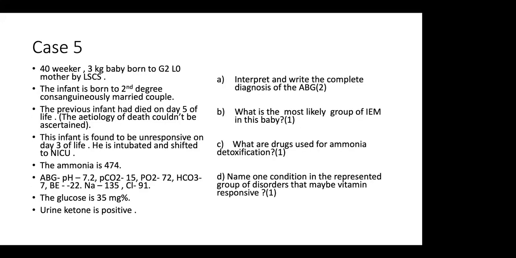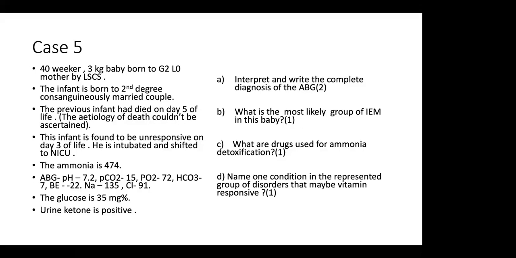Okay, so case 5 is a scenario. It's a 40-week, 3 kg baby born to a G2L0 mother by LSCS and is born to a second-degree consanguineously married couple. So there is a history of previous sibling death on day 5 where the etiology could not be ascertained, and this baby is found to be unresponsive.